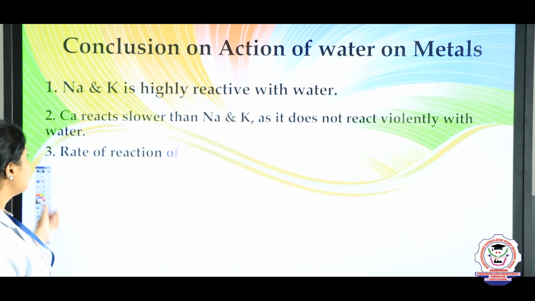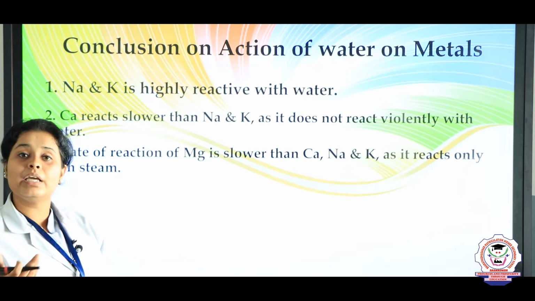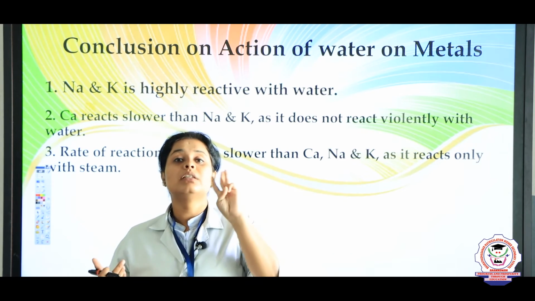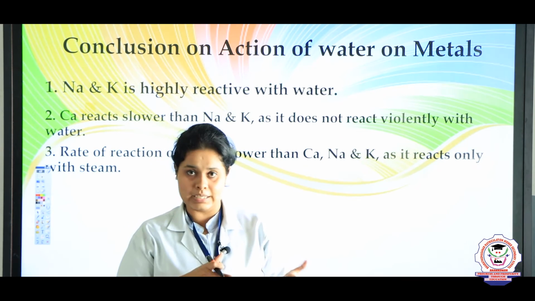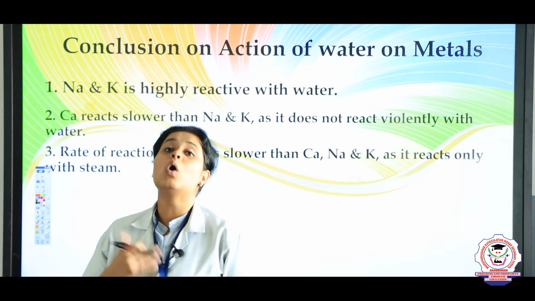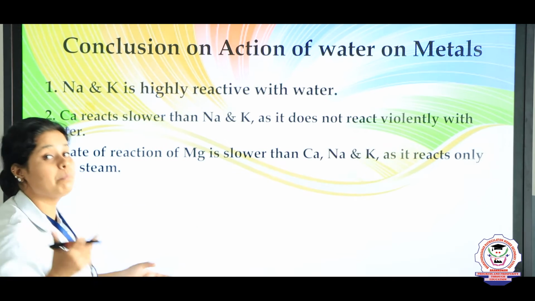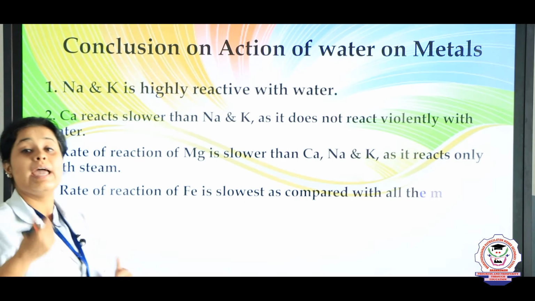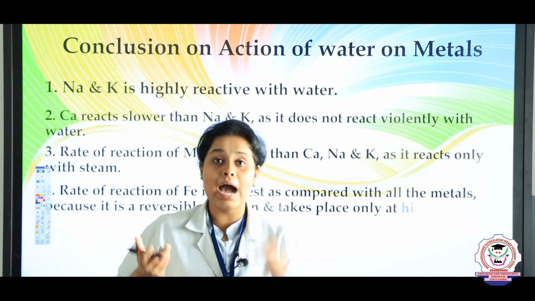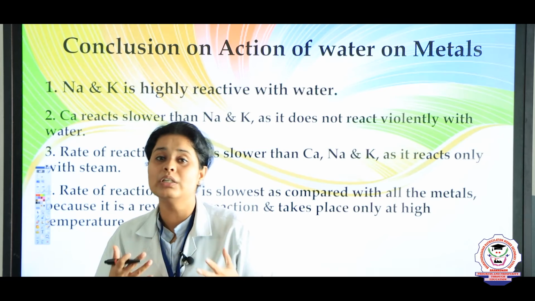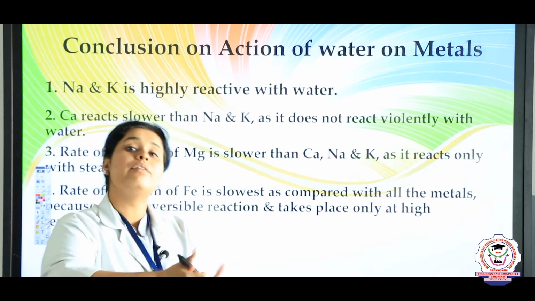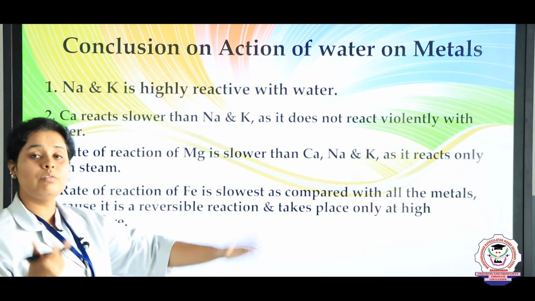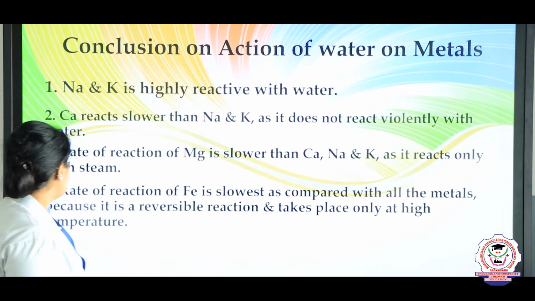The third one is magnesium, which reacted only with hot water, or hot vapors. It did not react with cold water. Same way, the last one is Fe. I told you, right, iron. Iron reacts very slowly because iron is doing a reversible reaction.